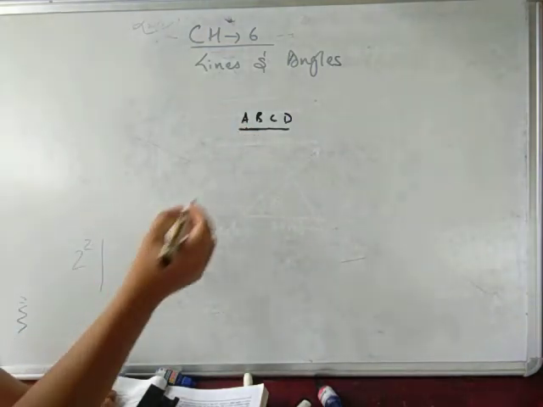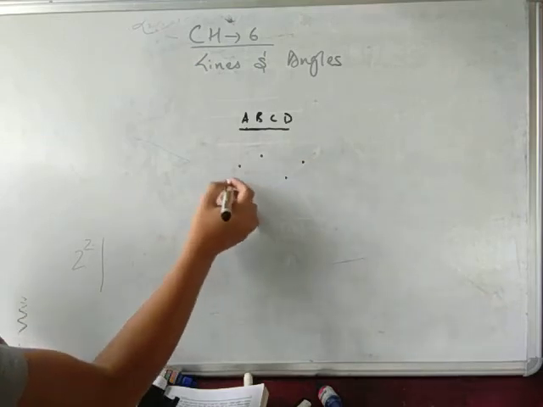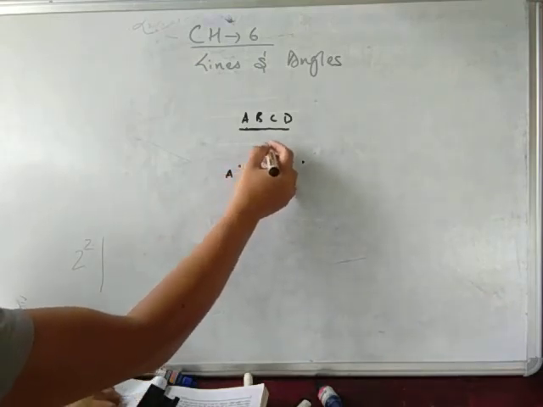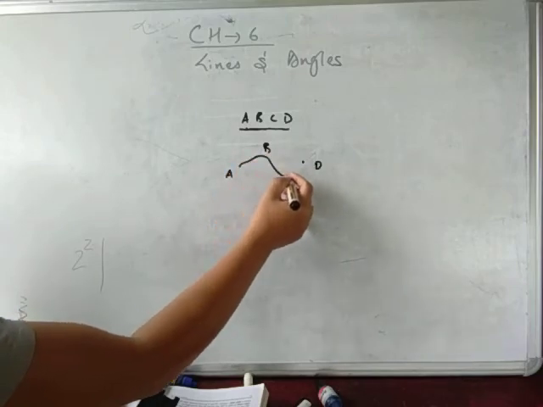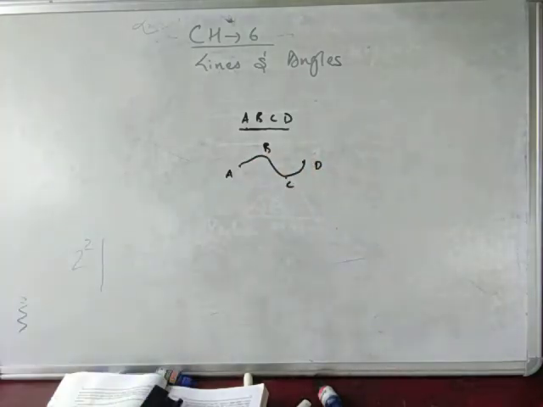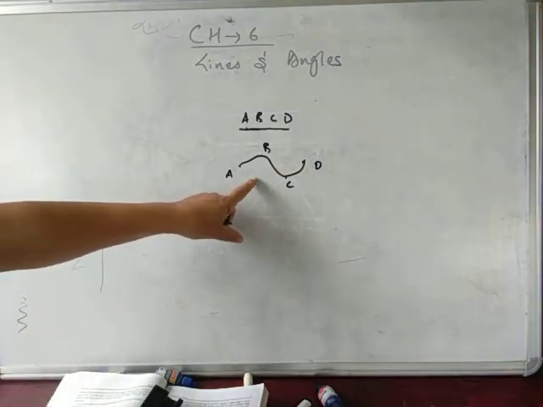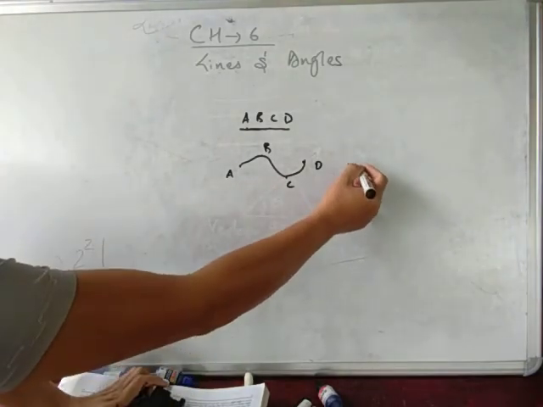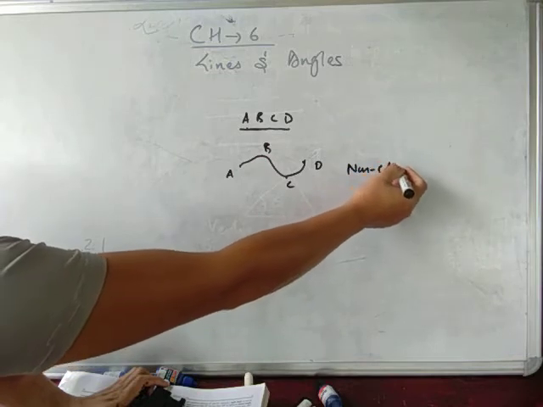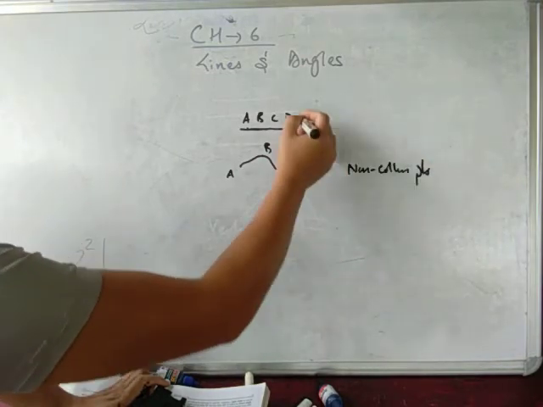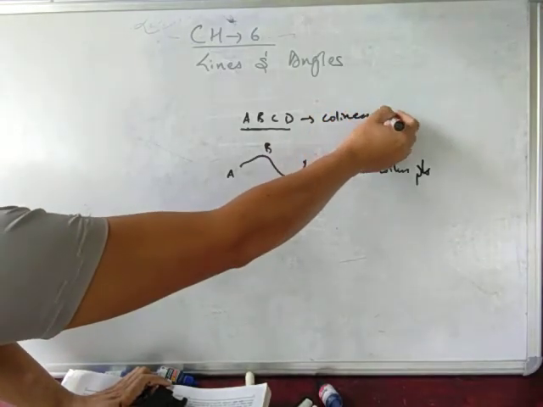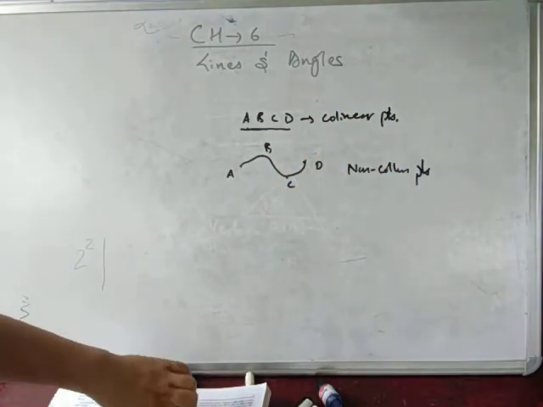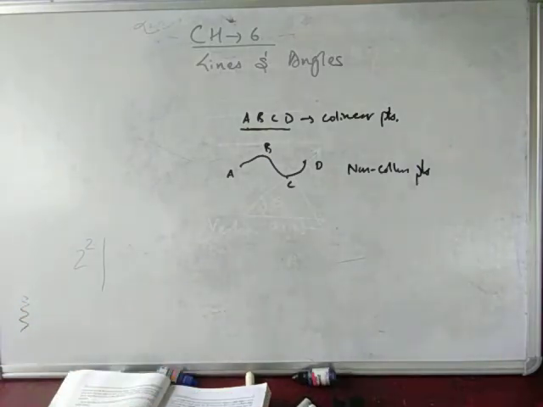But if there are also points A, B, C, D that do not lie on the same line, because there are ups and downs, these are called non-collinear points, and the others are called collinear points. Clear?